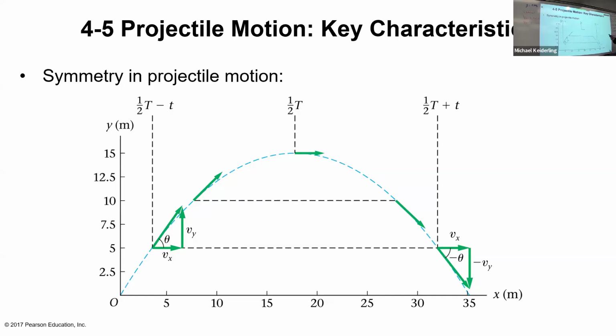So this is very useful, because halfway through the time, you'll be at the peak. Often it's helpful if you're interested in something like the maximum height. Well, that's going to happen when your y velocity is 0, so you can use that to figure out the time and then figure out x, that kind of thing.